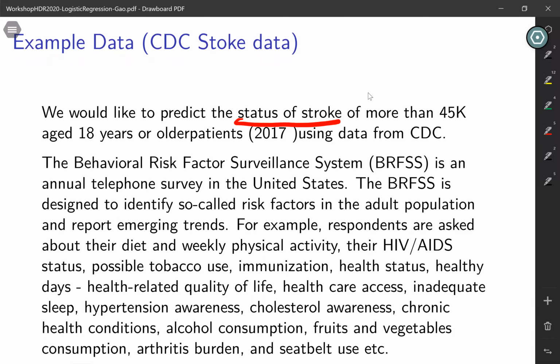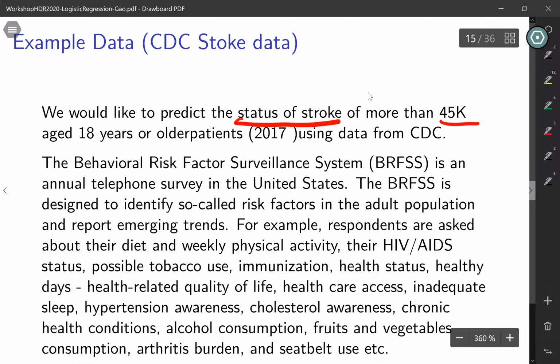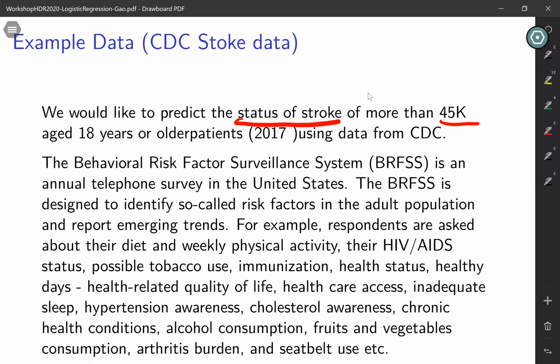And the data set is quite large. The dimension is quite large, about 45K adults from age 18 and above. I am still working on this. This data is quite large, and probably starting this fall, I'll ask my student to join me to work on this data.